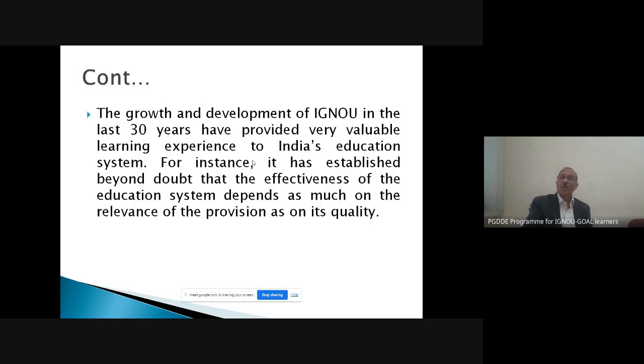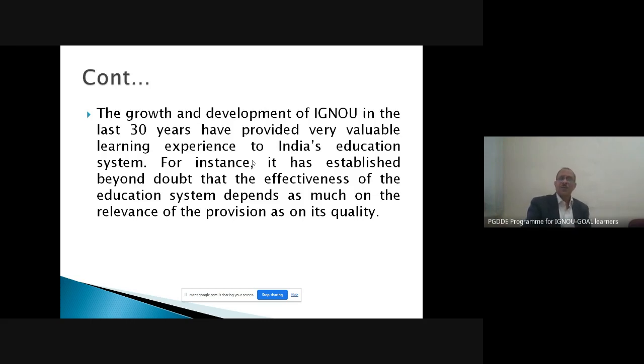The growth and development of IGNOU in the last 30 years, now I think it is 35 years. This was a material written 5 years back. So 35 years have provided very valuable learning experience to India's education system. IGNOU's experience was never experienced by any conventional university or, for that matter, any educational institution in the country.